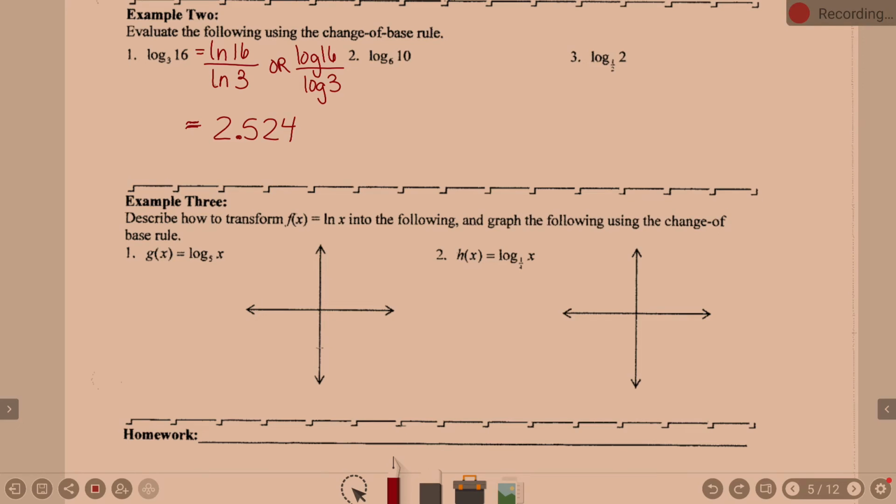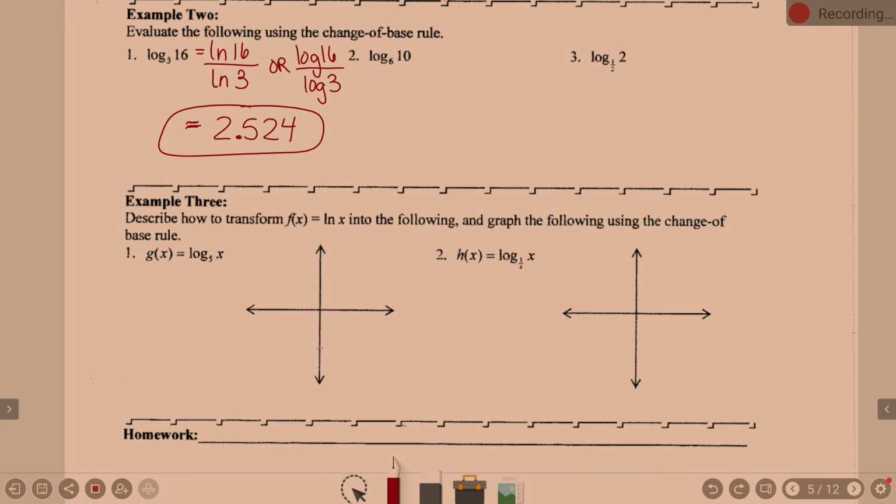So you do the log of 16, just make sure you close the parentheses, divided by the log of 3, or natural log of 16 divided by natural log of 3. And to be honest, I don't know if you guys figured this out. It doesn't matter if you close an end parenthesis on your calculator. It just matters if they're in the middle. So both ways come out to be that 2.524.